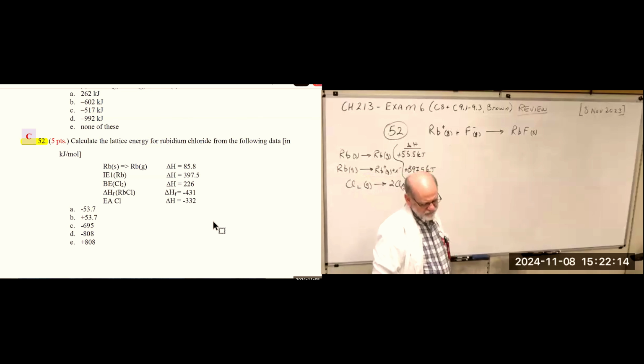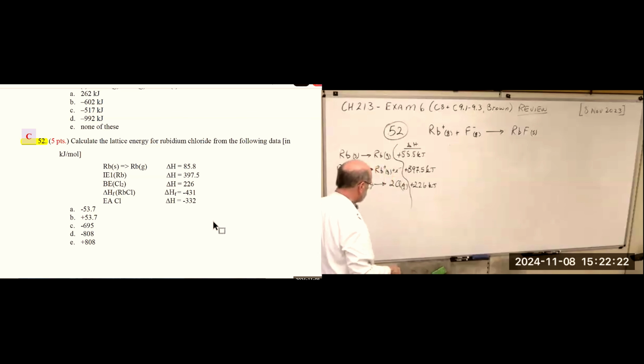The next one is enthalpy of formation for rubidium chloride. The enthalpy of formation, remember you start with the product. Rubidium chloride in its most stable form, a solid. And you form that from the most stable forms for each of these.